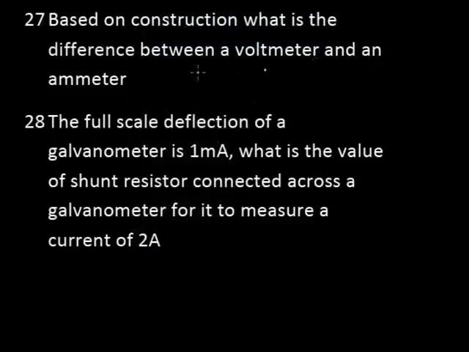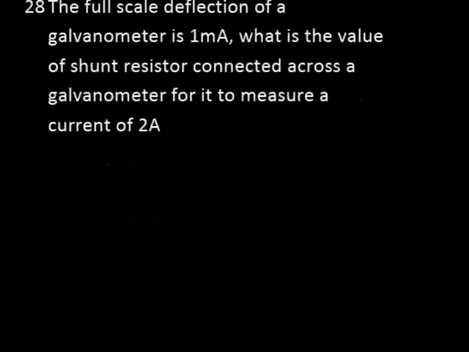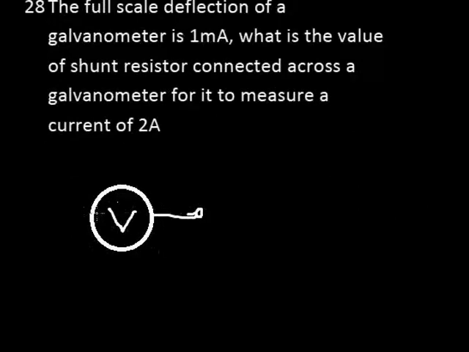Based on construction, what is the difference between voltmeter and ammeter? Now, of course, you know that a voltmeter, which of course this is a symbol of, is an electrical measuring instrument for voltage.